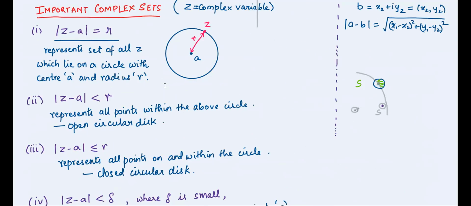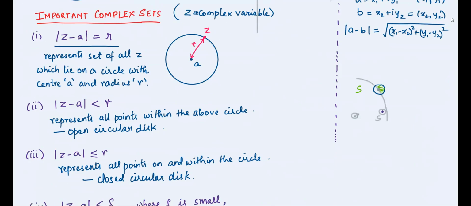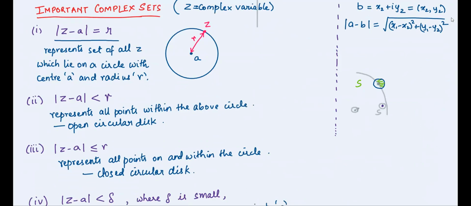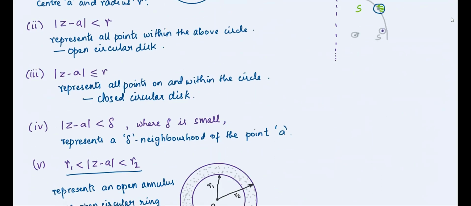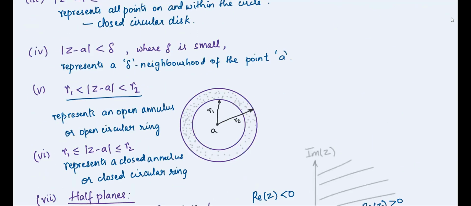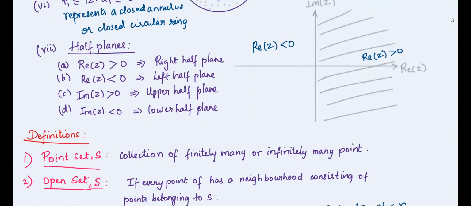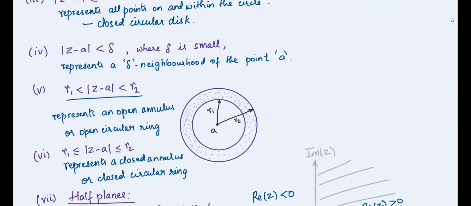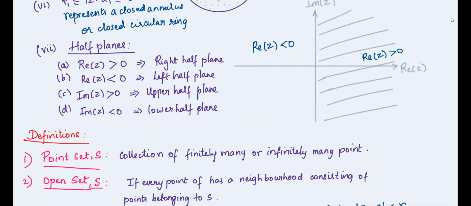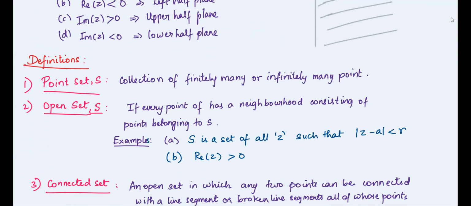So we defined various important sets: a closed circular disk, open circular disk, then neighborhood, the concept of neighborhood, then open annulus and closed annulus. We discussed these half planes. These were the sets, the way sets are defined, and complex plane.